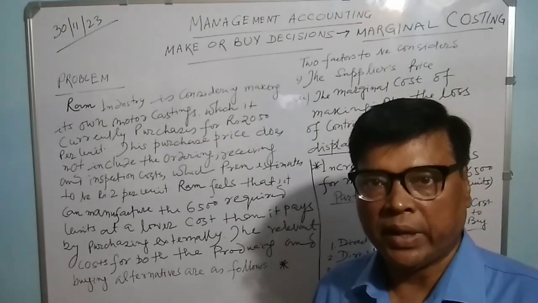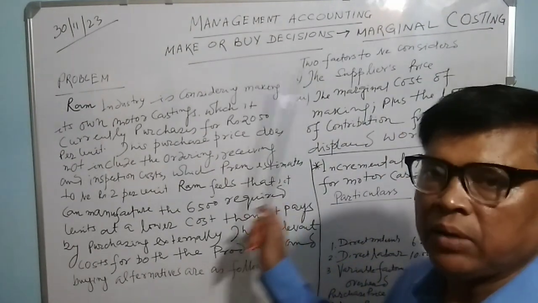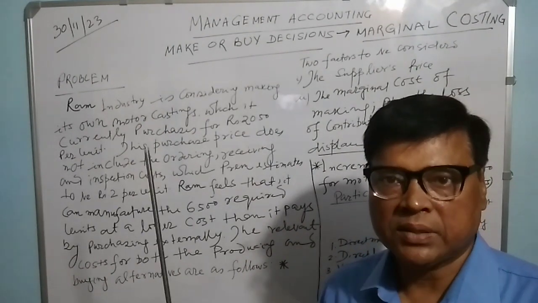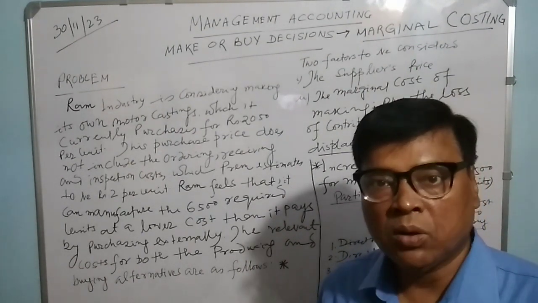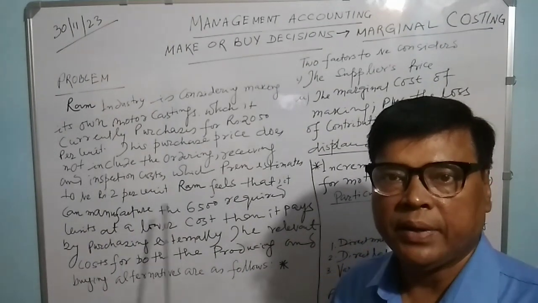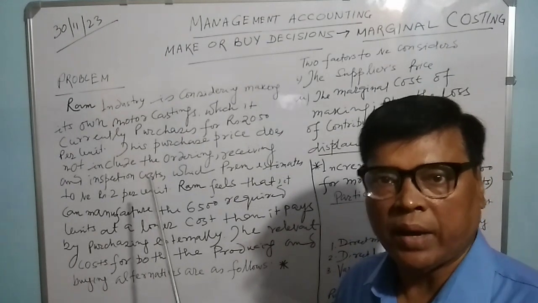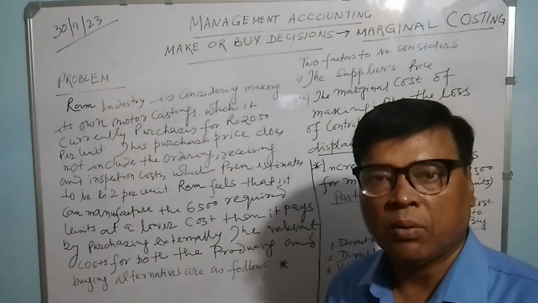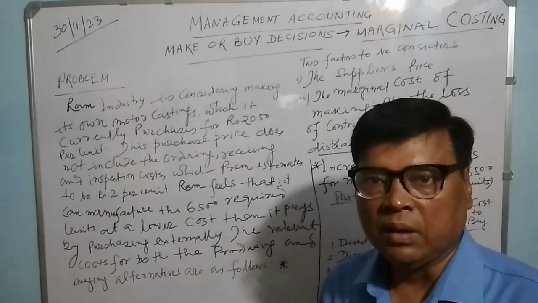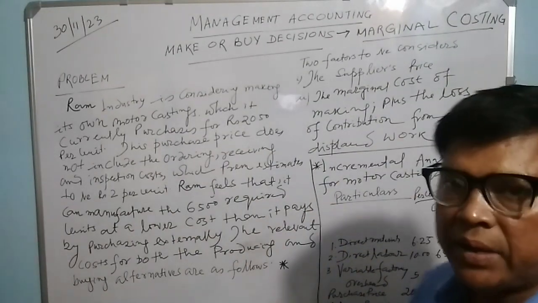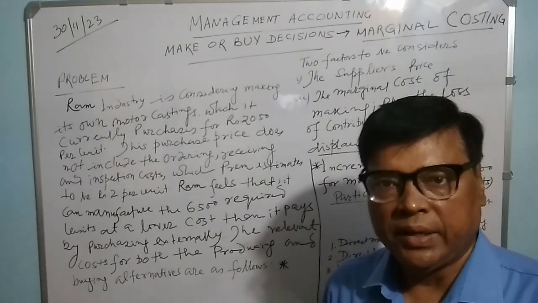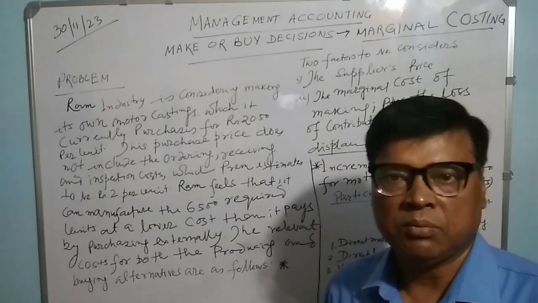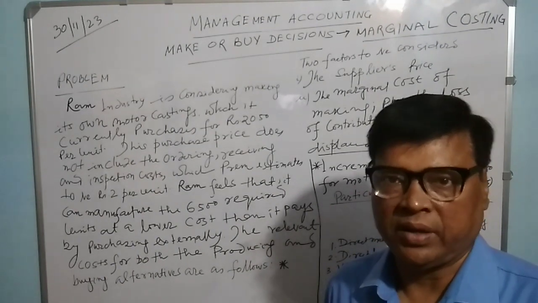That's why 30% of your total marks have been allocated to it. Why? Because this chapter has different dimensions and you have to understand it thoroughly for practical problem solving. 30% mark allocation means out of every 3 questions, one will come from this chapter, marginal costing and management decision technique.